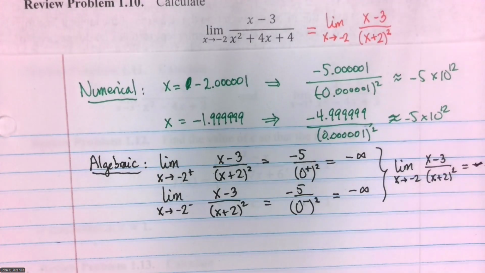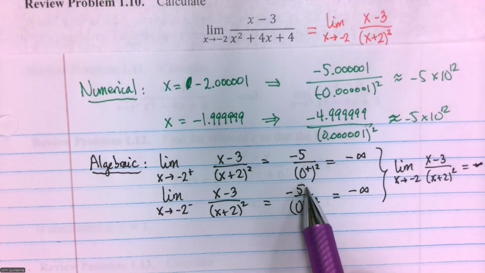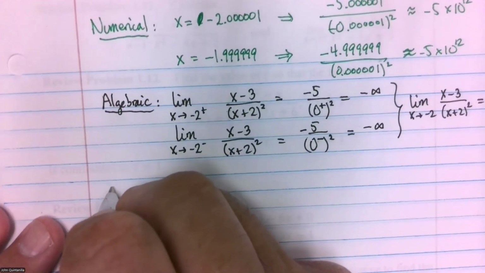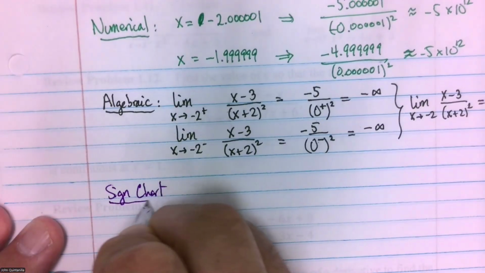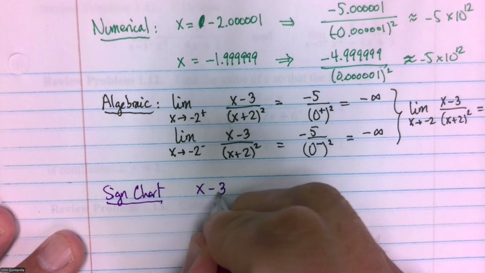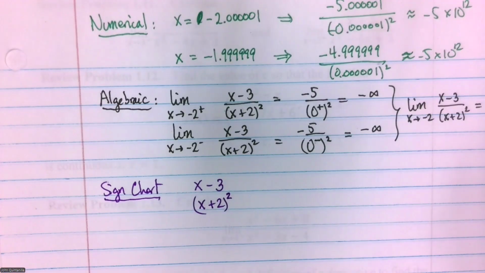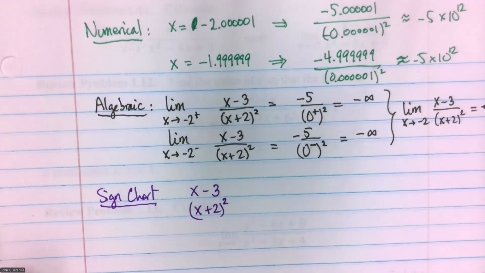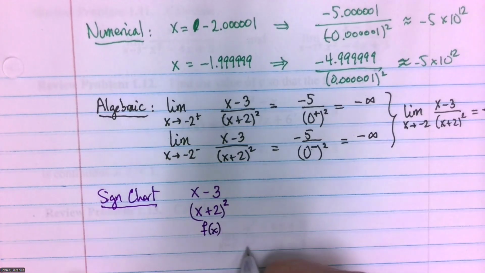Now if the idea of looking at these 0 pluses and 0 minuses is not terribly comfortable, I don't particularly blame you. Another way of doing this is called a sign chart. We'll take a look at x - 3 and (x + 2) squared, the two parts of the fraction, and at the quotient f(x).